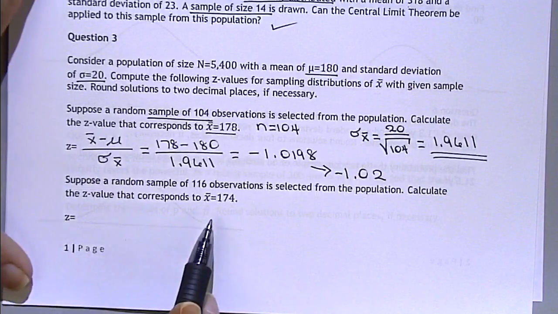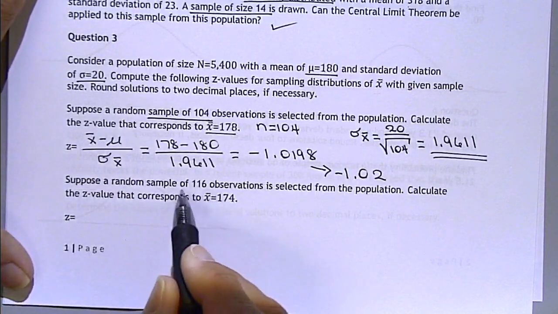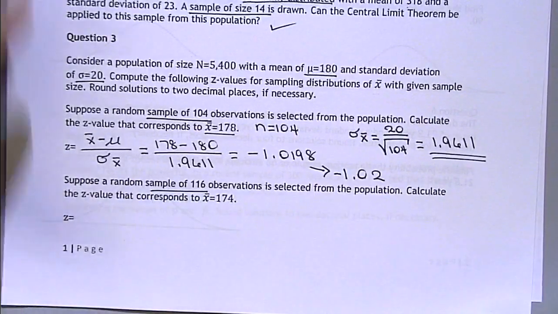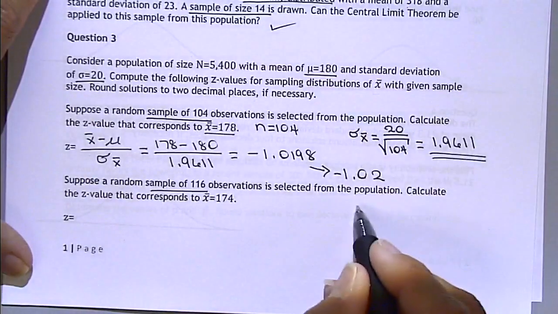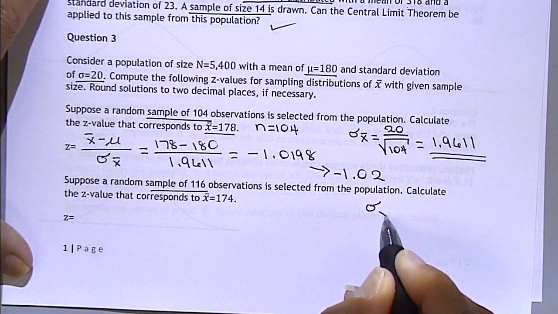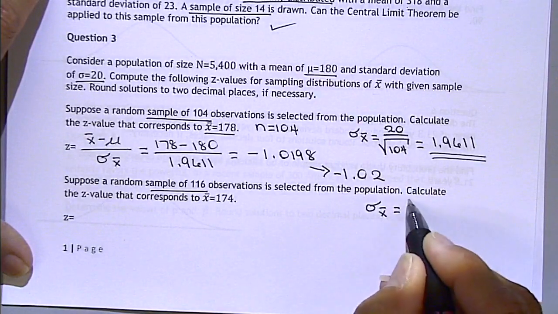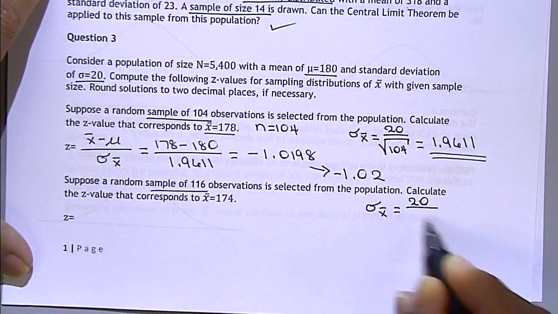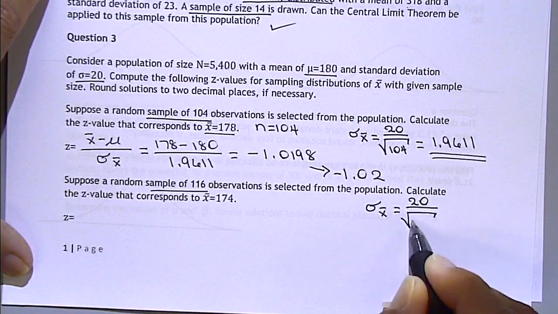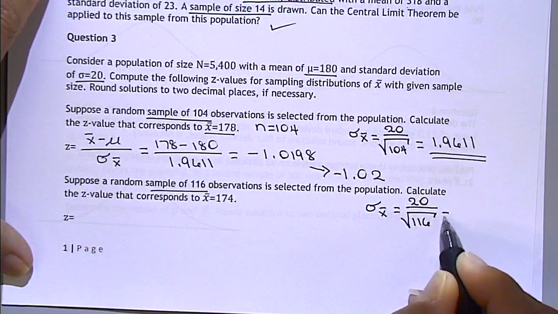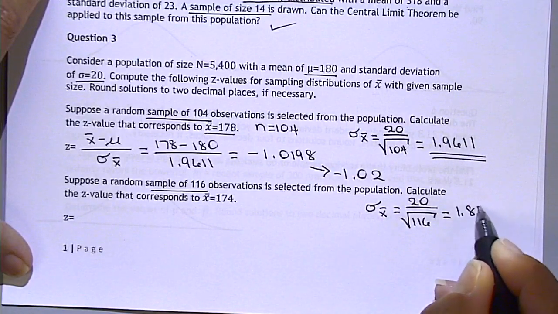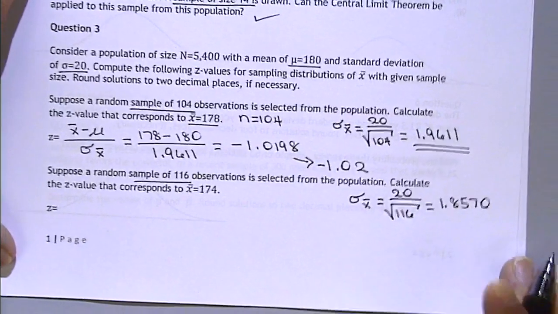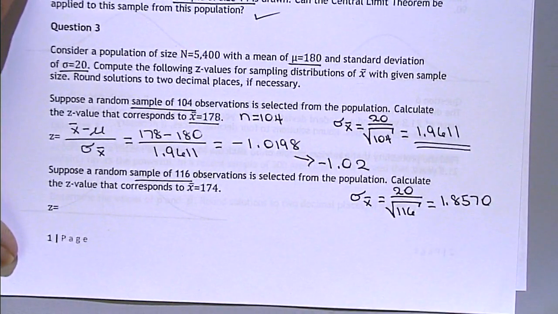You can do the next one. 116 observations. So they changed the sample size. My standard deviation changed, didn't it? I've got the same population standard deviation, this time divided by the square root of 116. So I have to do the calculation for that again, and I get 1.857.